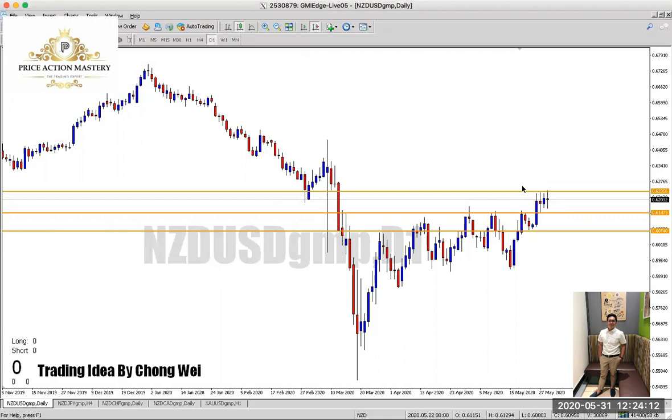This area is a potential area, but before that there's no reversal yet, so we are still seeing upside exposure.